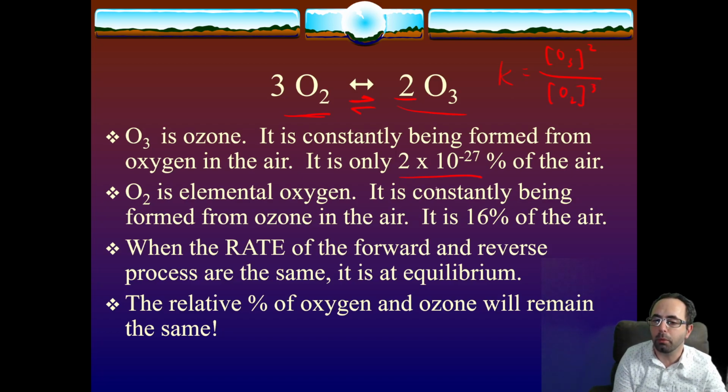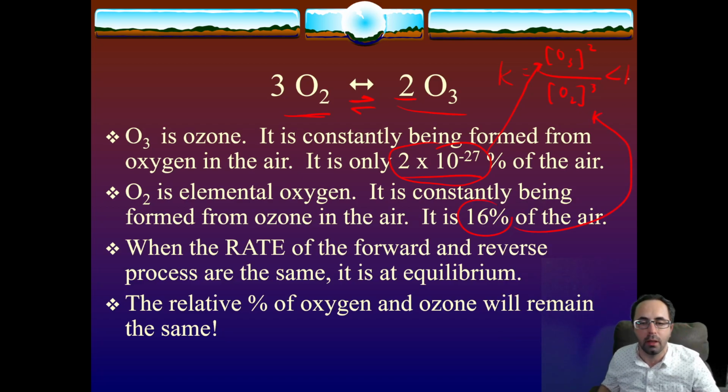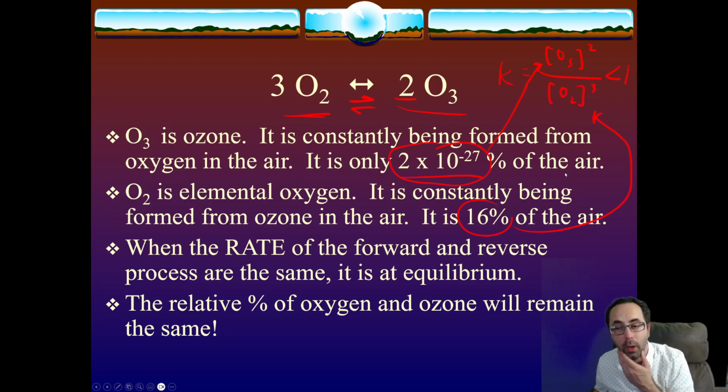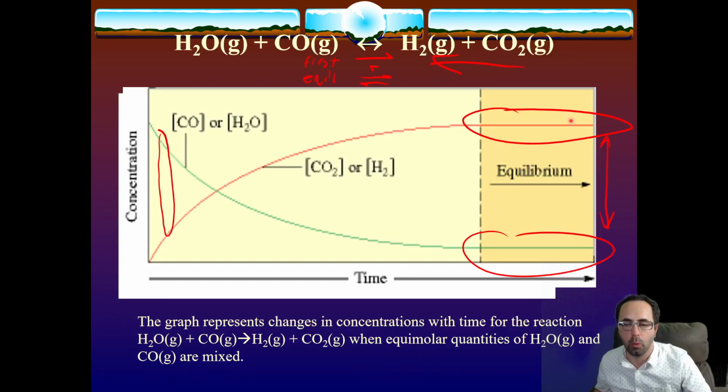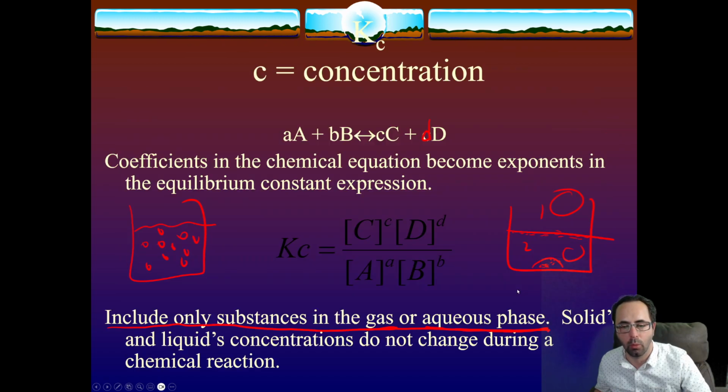If we plug this in, this is a very small number for the ozone concentration versus the oxygen concentration. We're going to get a number that is way, way, way less than 1 because we have way more reactants than products. So having more reactants than products, like in the ozone, is going to give you a K less than 1. Having more products at equilibrium than reactants is going to give you a K that is greater than 1.